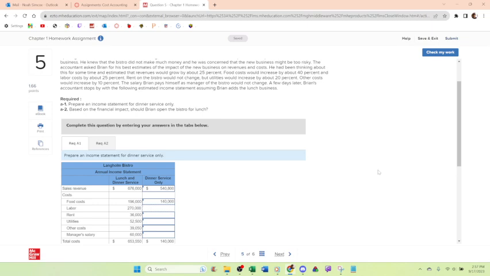It says labor would change. Labor, 1.25.